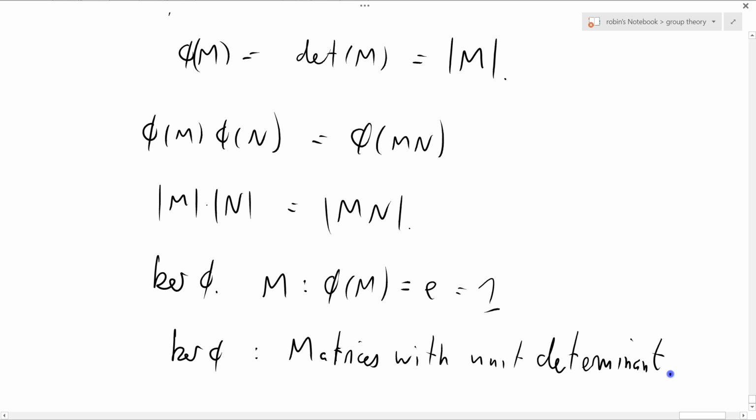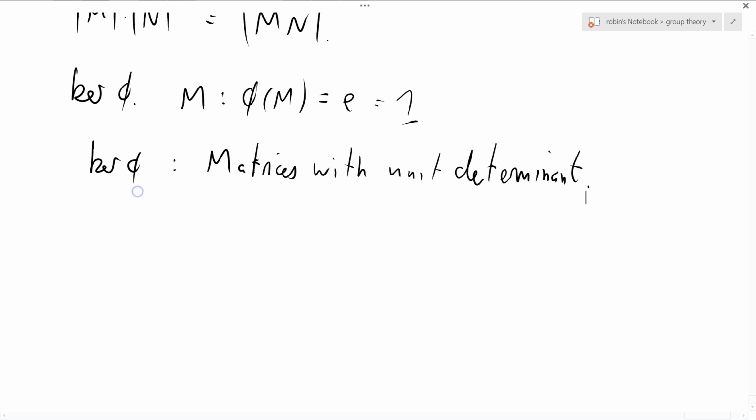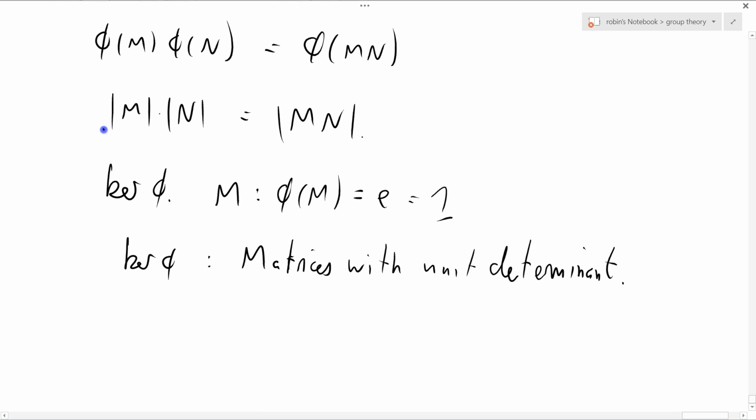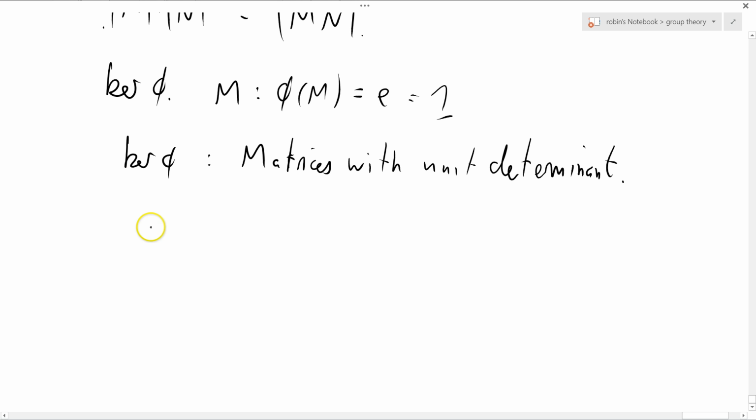And we know that's a subgroup because matrix multiplication commutes past determinant.